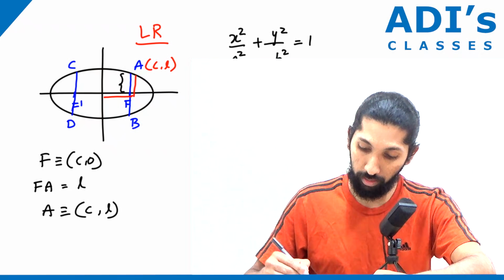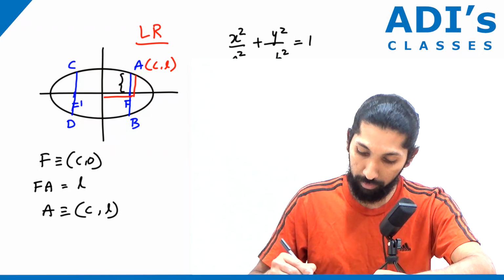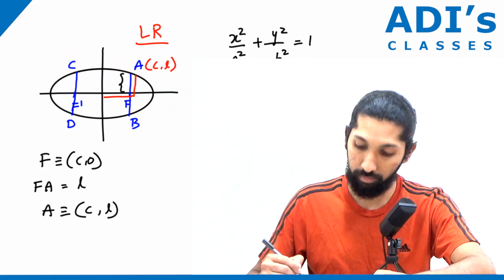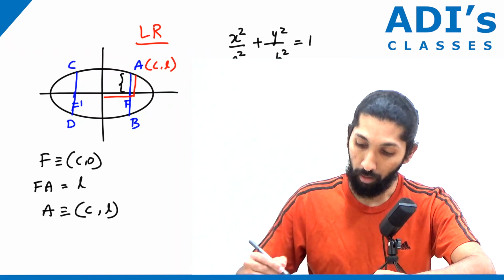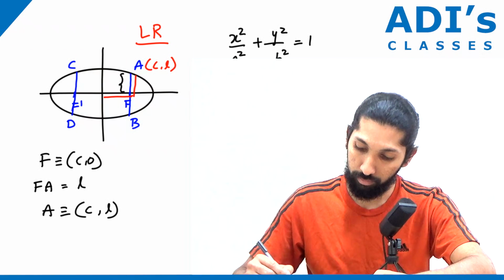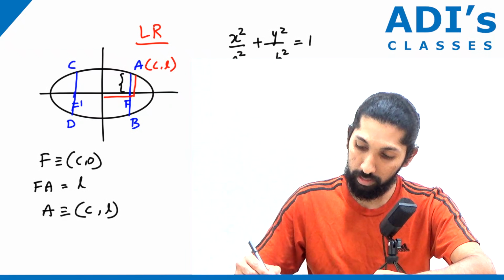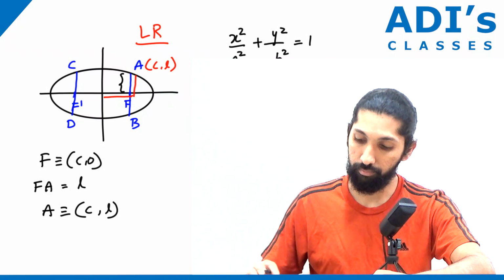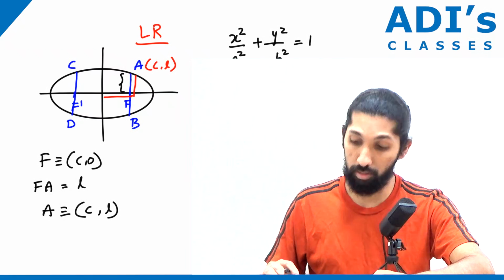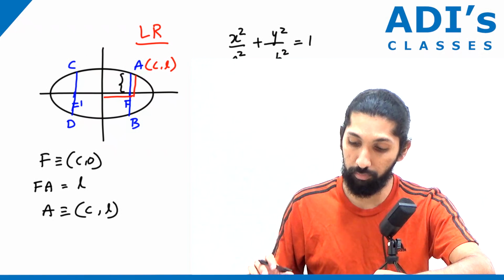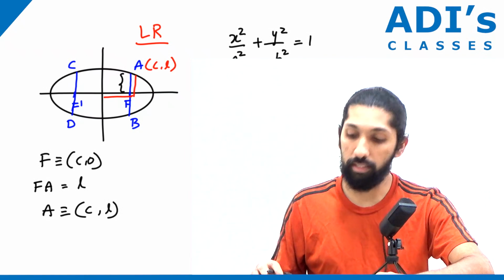Or you can write L square by b square is equal to 1 minus e square. Correct? Or L square is equal to b square into 1 minus e square. Fair enough. This is what we are going to get.